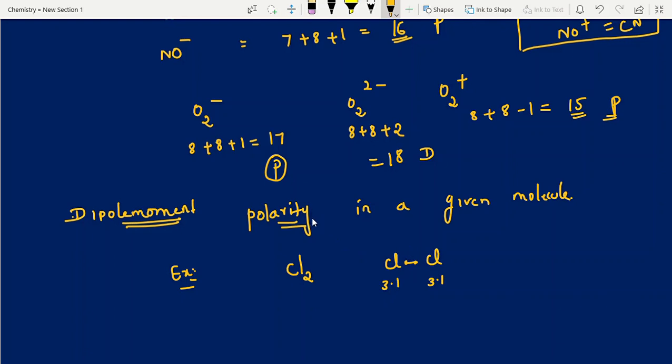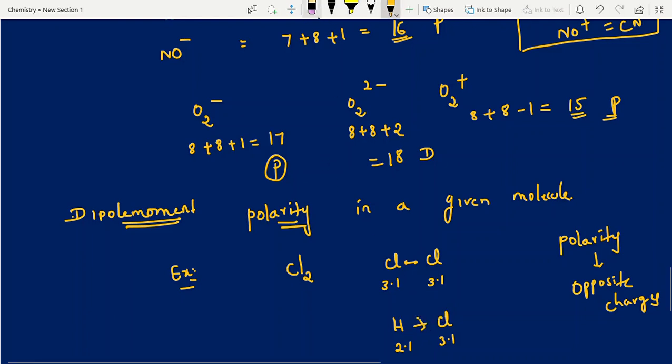Polarity is nothing but opposite charges developing. If different electronegative atoms are there, like Cl combined with H in HCl, his electronegativity is 3.1 and his electronegativity is 2.1. So who is more electronegative? Chlorine. Definitely, it attracts electrons towards itself.